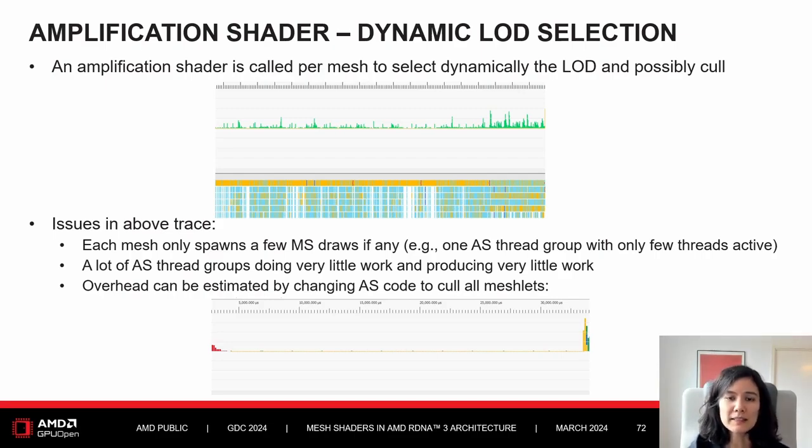And we could see that the amplification shader workload alone took, well, in this very extreme example, it took 35 milliseconds. While this is a very extreme example, it highlights very well that it's very important that the amplification shader thread groups launch enough mesh shader thread groups.